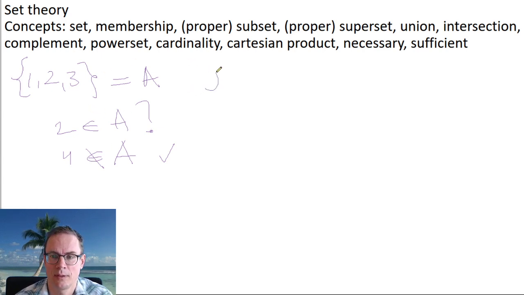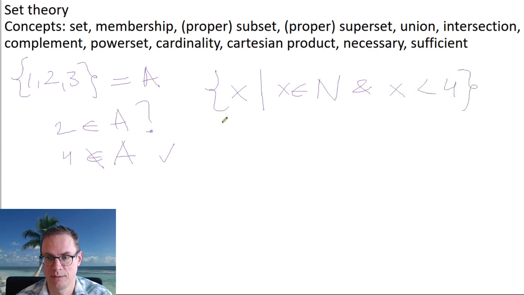I can also write this set down in another way. I could say the set containing all the x's such that, vertical line, x is an element of the natural numbers and x is less than 4. This is an alternative name for the very same set A, aka the set containing 1, 2, and 3.